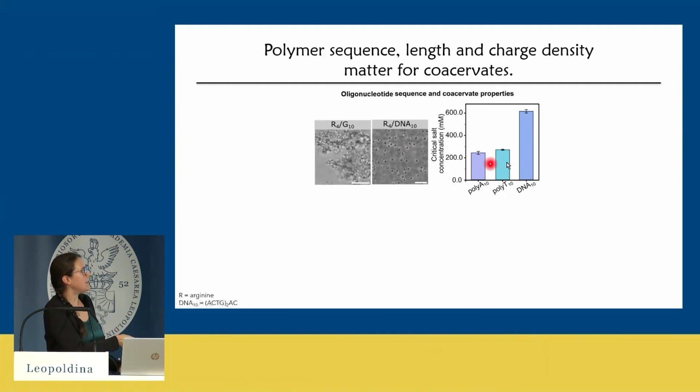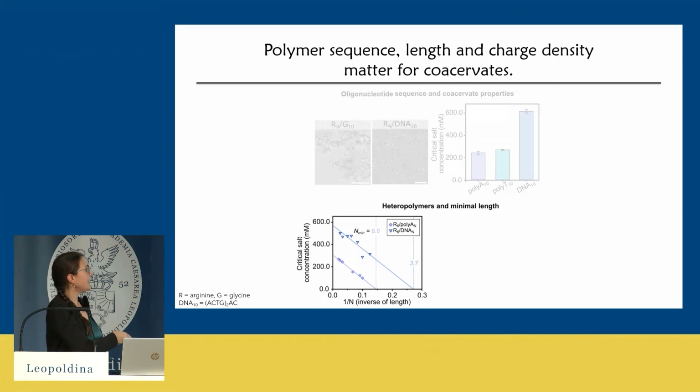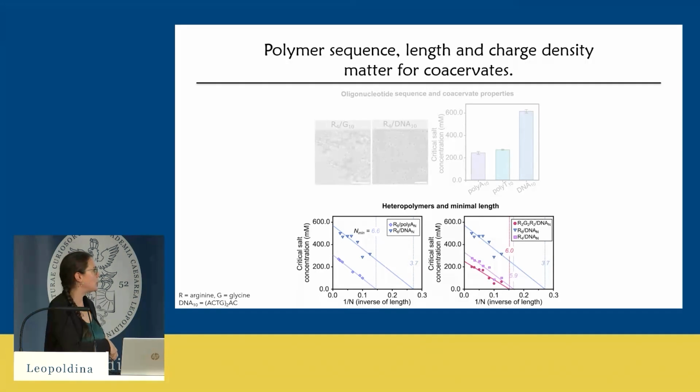The stability is much higher when you have mixed DNA sequences compared to, for example, poly-As and poly-Ts. So from a prebiotic point of view, it's more likely to have mixed random sequences compared to just one homopolymer.